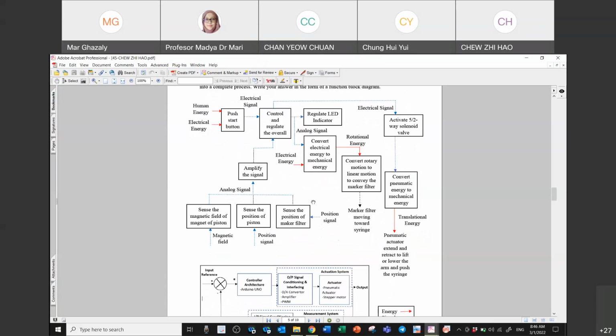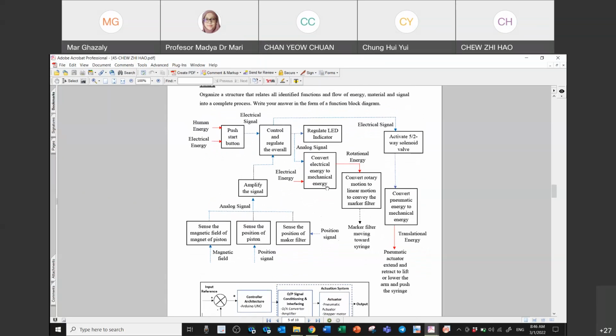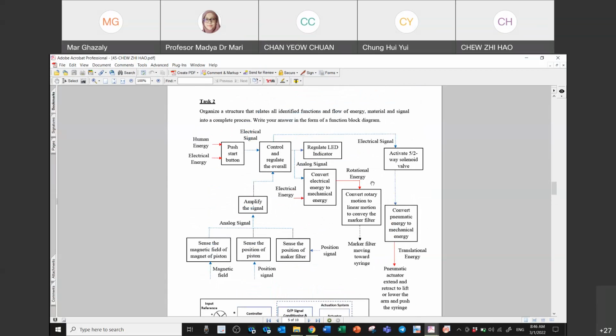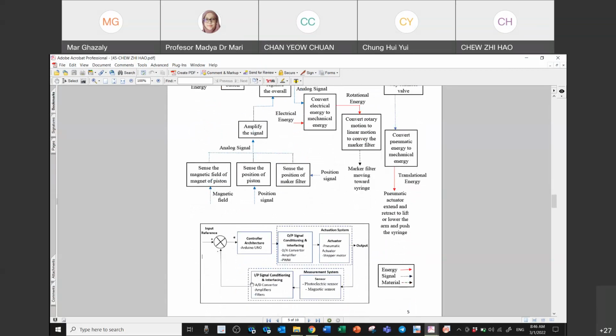Okay, if I were to give marks on this one, I would assume that this block looks like an open loop block diagram, which means that it's not a closed loop. In the case study, you should be drawing a closed loop block diagram, which is basically like this.